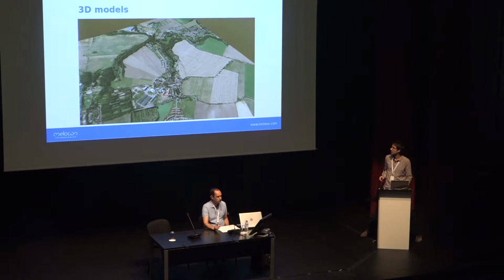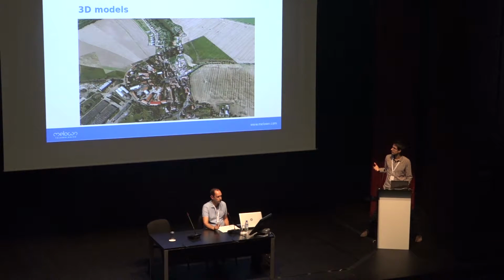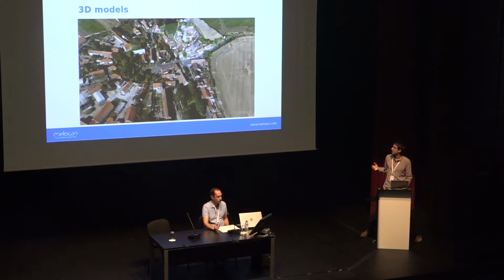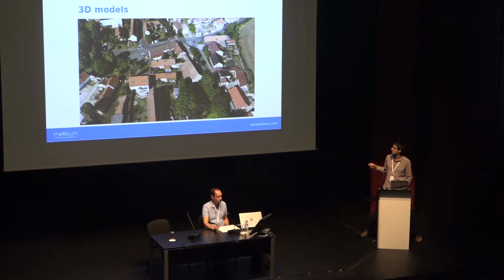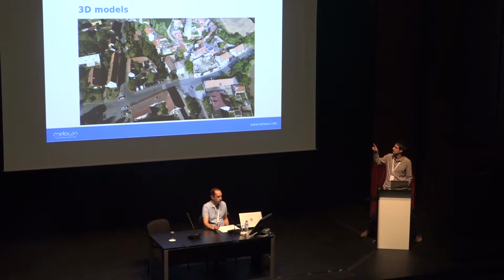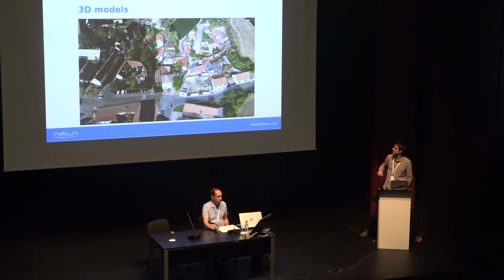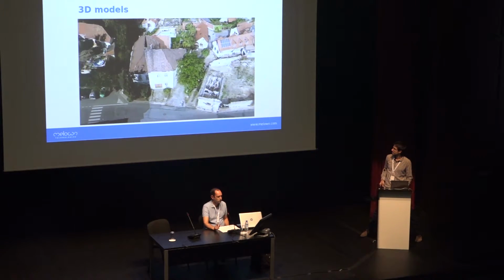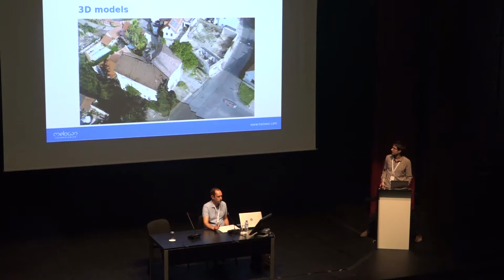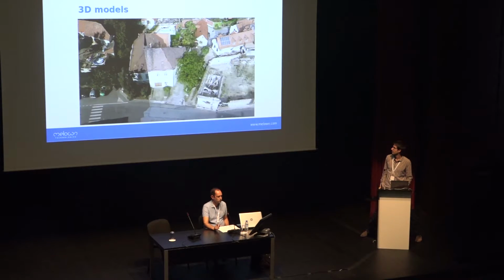So how does it look? When we zoom in, the 3D will show up, and you see this is the whole village, and this a bit whiter model is the city center. Here you can see how it's actually fused together.